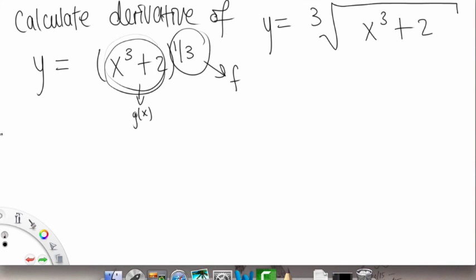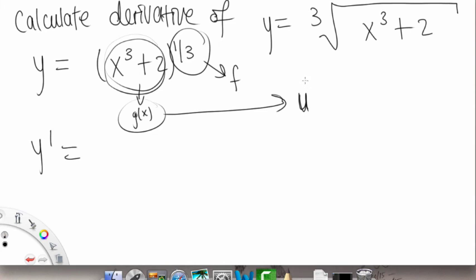Alright, so if we were to take the first derivative of this, we have y prime is equal to, and what we're going to do is take this exponent. Some people, even the book, I think, refer to our inside function, our g of x, sometimes as u. Again, this is just a notation thing to try to make things simpler.